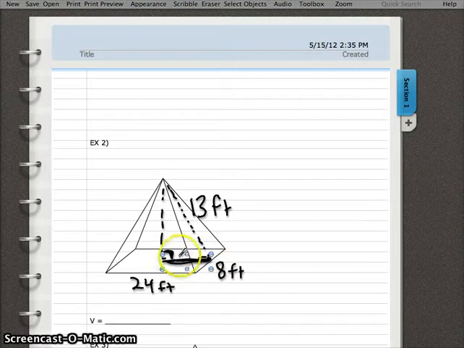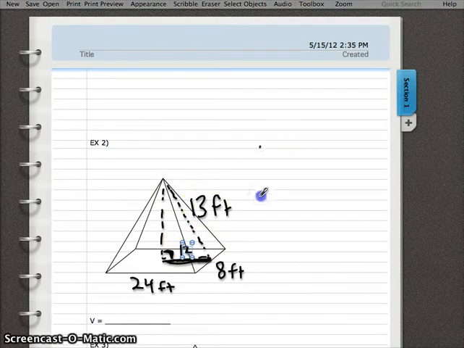And if our radius is actually perpendicular to the outside edge, it's a special type of radius called an apothem. It's not too important at the moment. Just know that that will always be half, or right in the middle there, of your outside edge. So half of 24 would give us a little base of 12 for that triangle.